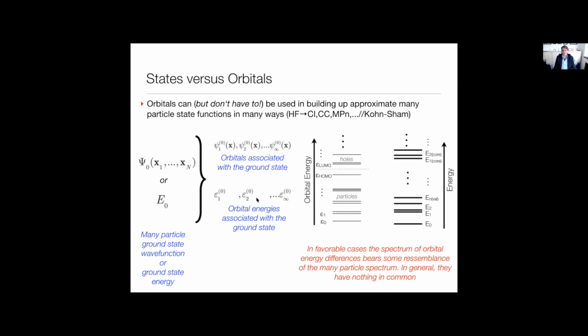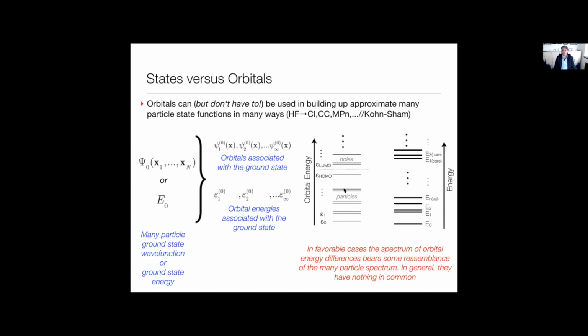But what one shouldn't do is to confuse the spectrum of one-particle energies with the many-particle spectrum. The one-particle spectrum in general has nothing to do with the many-particle spectrum. It has a completely different structure, and it is quite misleading.